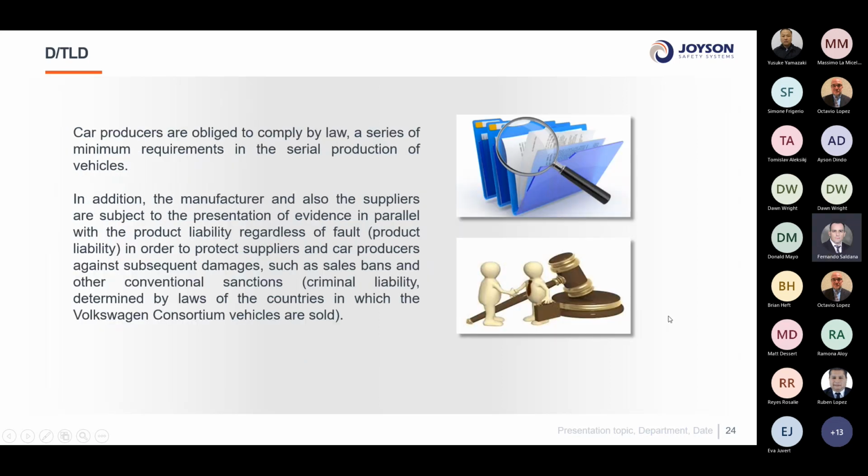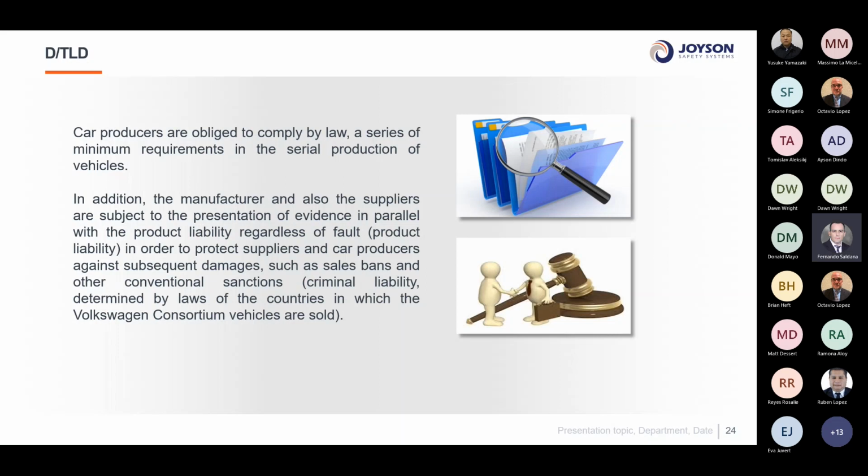And this is important. Car producers are obliged by law to comply with a series of minimum requirements in the serial production of vehicles. In addition, car producers, like BW or the BW consortium, the manufacturing, which says Joyson, and also the suppliers, you, are subject to the presentation of evidence in parallel with the product liability.